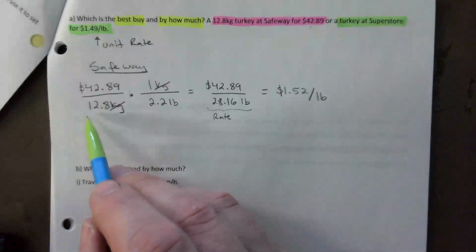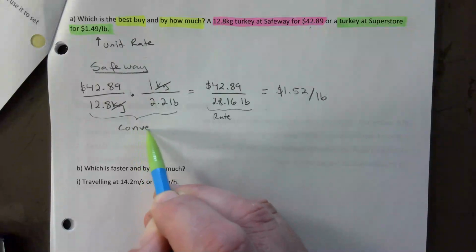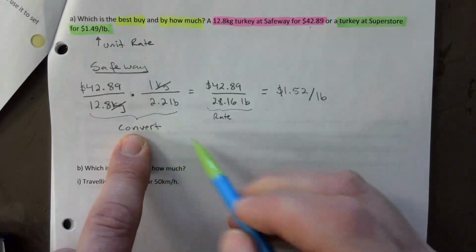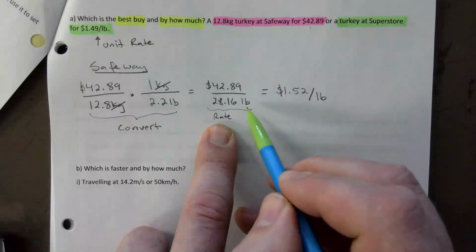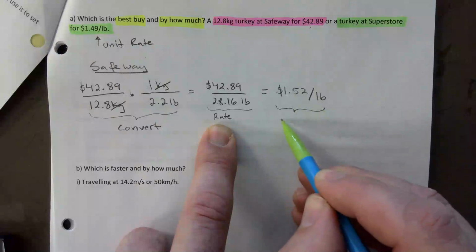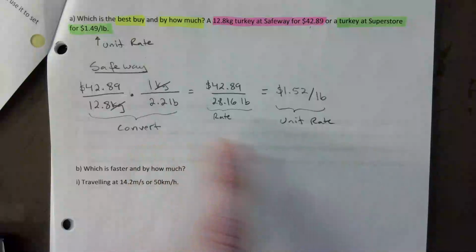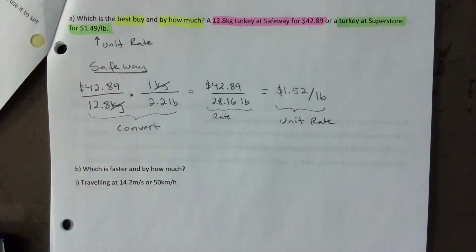If you want to make a little note here, we are doing some conversions. Then we get a new rate where there's pounds now, and then we get to this point, which is a unit rate. So we did converting, and then we figured out a unit rate, which is what you did during your homework the whole time. So don't think this is new. I just need to make sure you get this part.